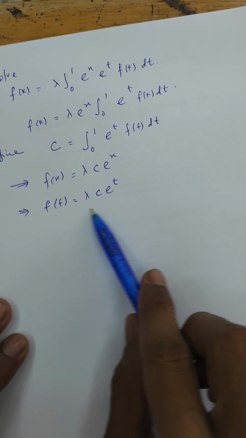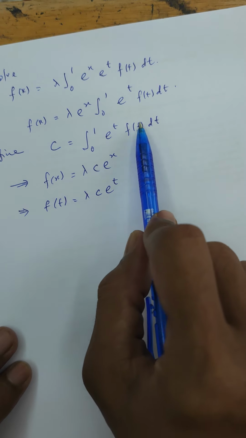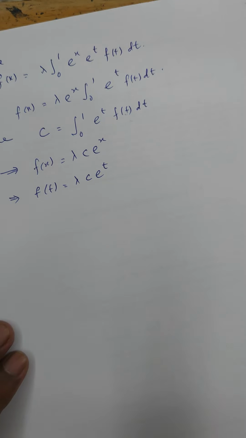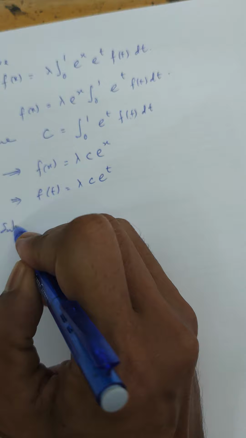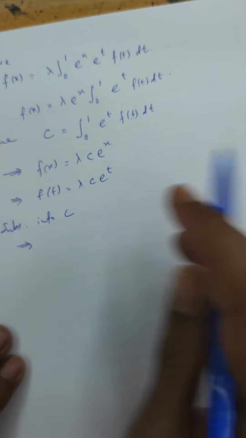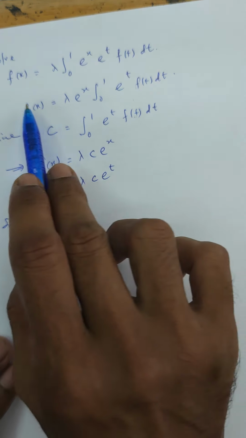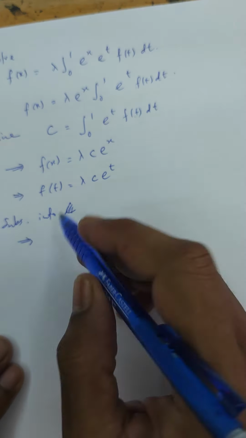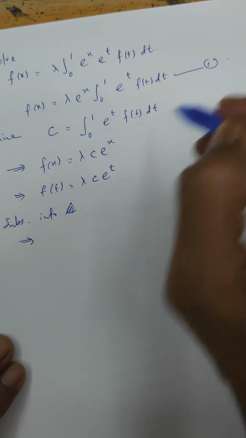The reason is that we want to find c, so we need to substitute f(t) into the expression for c. Let's call the first equation number 1.